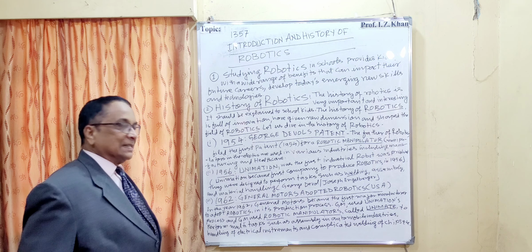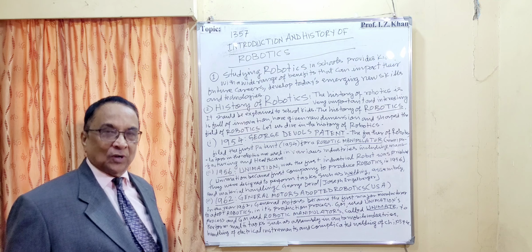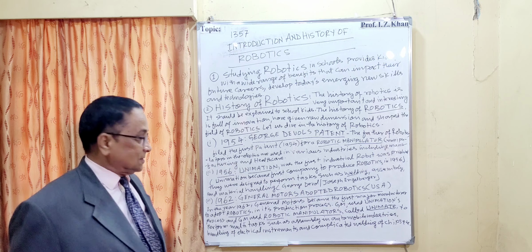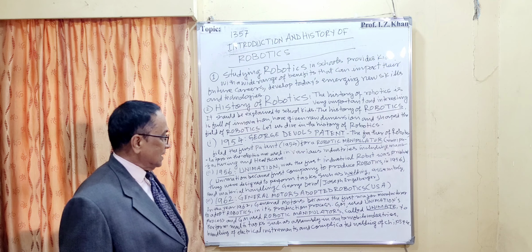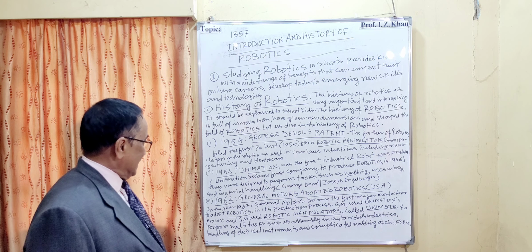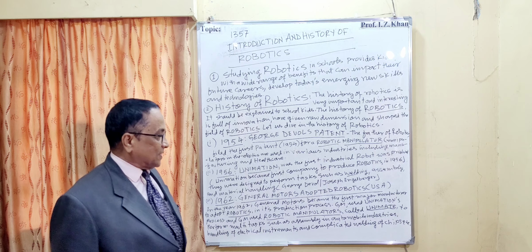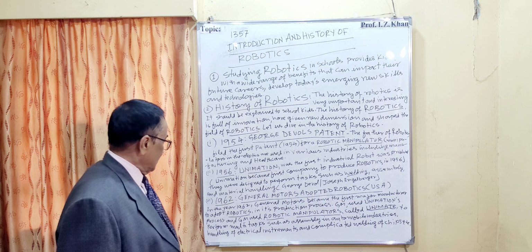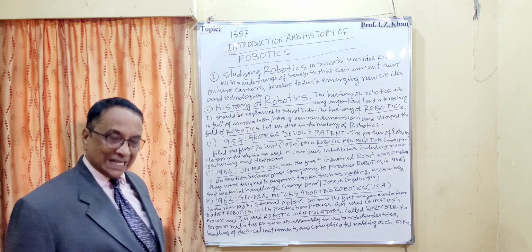Then again in 1962, General Motors, a very powerful company of that time, even today it is powerful, of America, adopted robotics in the USA. In the year 1962, General Motors became the first major manufacturer to adopt robotics in its production.